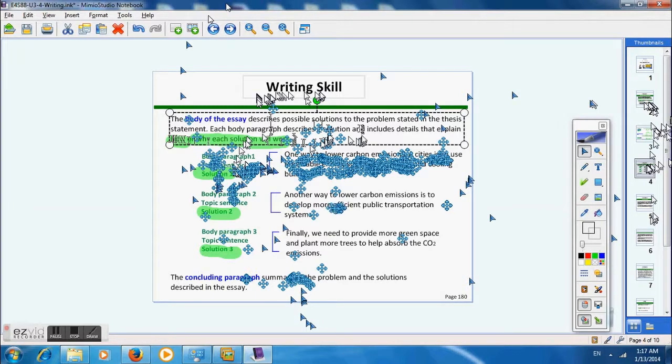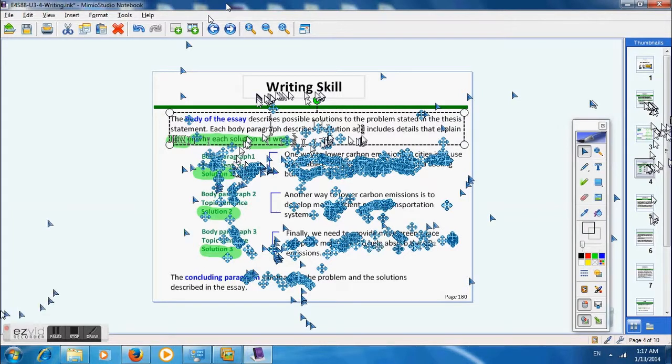And then in paragraph 2, it says another way to lower carbon emissions is to develop more efficient public transportation systems. And for paragraph 3, finally, we need to provide more green space and plant more trees to help absorb the carbon dioxide emissions. Just don't forget that we have the keywords here.